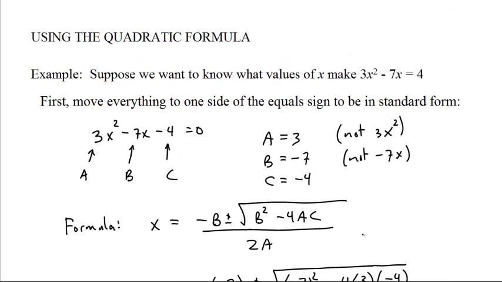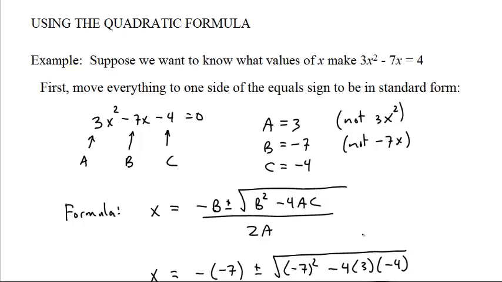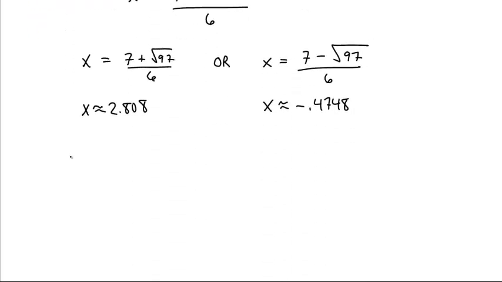And what was our original equation? Our original equation was 3x squared minus 7x minus 4 equals 0. And what do we get?